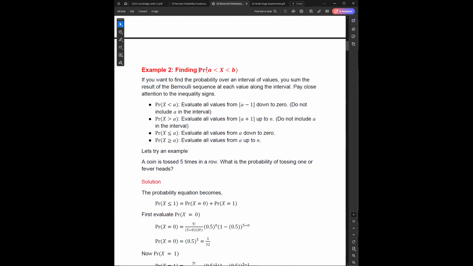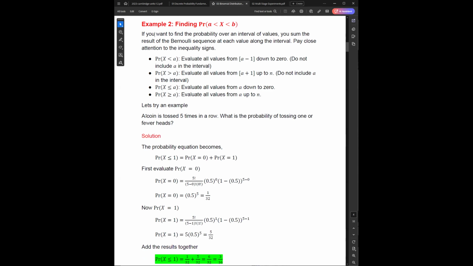Okay, so if you want to find probability over an interval, that's when you still use Bernoulli sequence, but now you use Bernoulli sequence for a sequence of events. So one of the examples here is a coin toss again, 5 in a row. So it's still going to be n equals 5. Probability of tossing one or fewer heads. One or fewer means one or less, right?